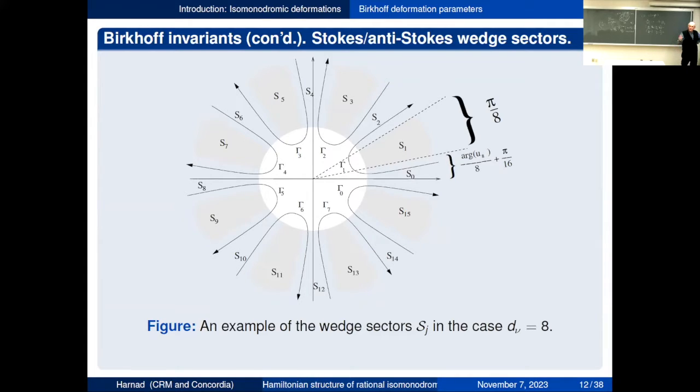These are called the Stokes and anti-Stokes sectors. And in each sector, we can choose the actual solution to be such that it has the form of the formal solution. So understand what I'm saying. We're taking an actual solution in this sector. We take another actual solution in this sector, which is related to it by right multiplication by a constant matrix.